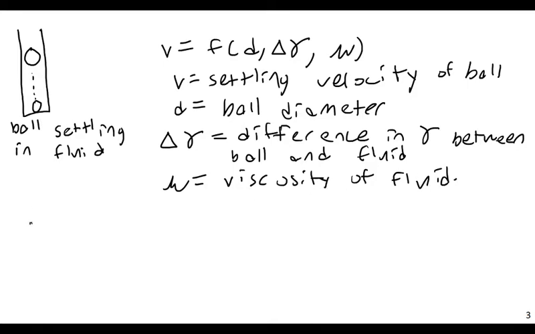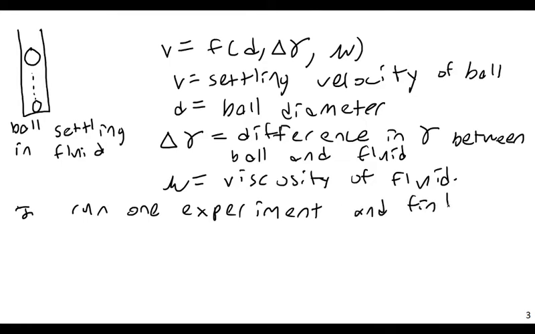Now, let's say I run one experiment and find the following. So I only do one test, and let's see what happens. I just have a ball, I have a viscosity, I have a diameter, etc. Let's say the ball diameter is 0.0083 feet.